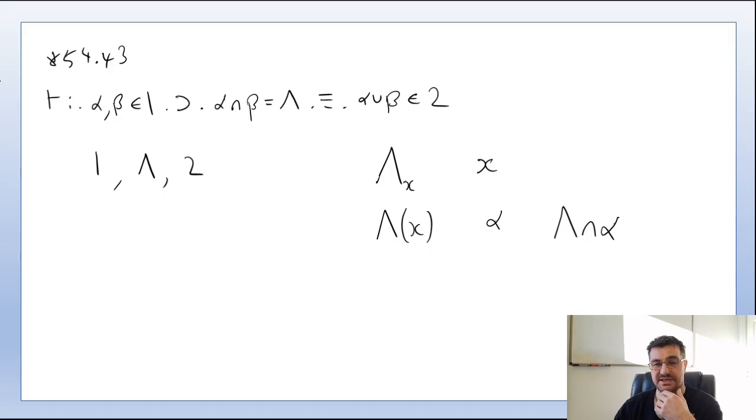It seems to be quite a strange symbol to see. But this symbol, the logical product of the class lambda and alpha, would only be significant if lambda and alpha were classes of the same type.